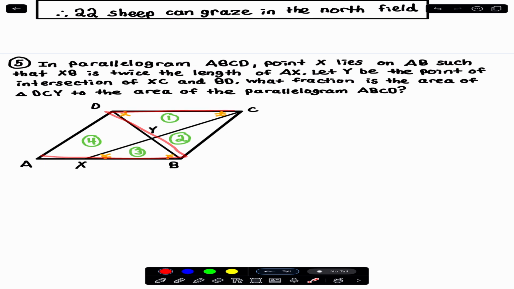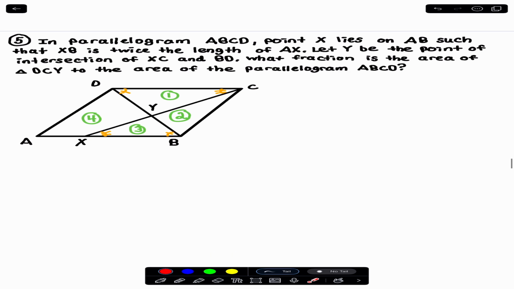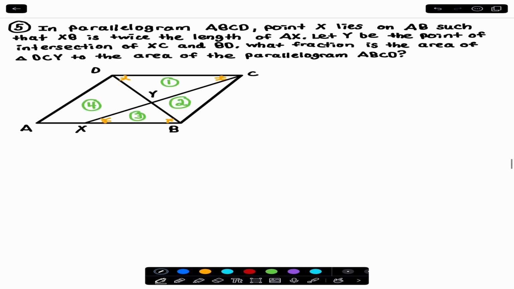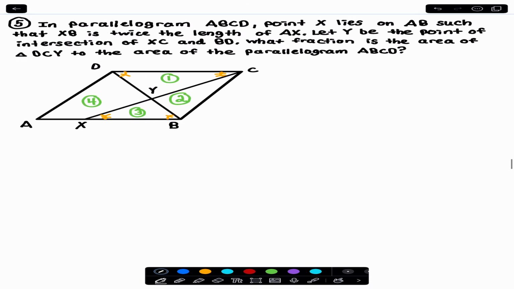So if you don't know what I'm talking about, there will be videos on that at some point. Okay, so we have 2 angles that are the same. This means we have angle-angle similarity. Again, review similar triangles if you don't know what I'm talking about. So we found 2 similar triangles.